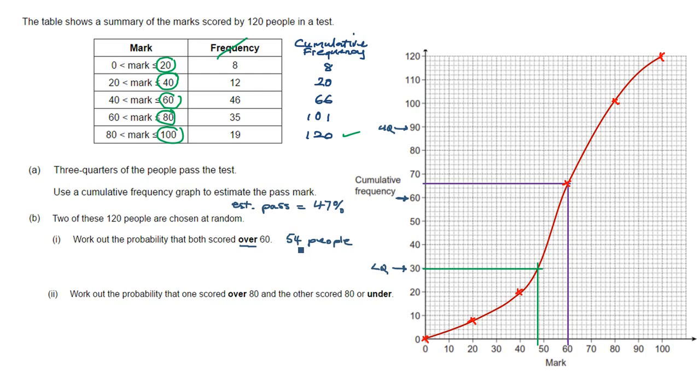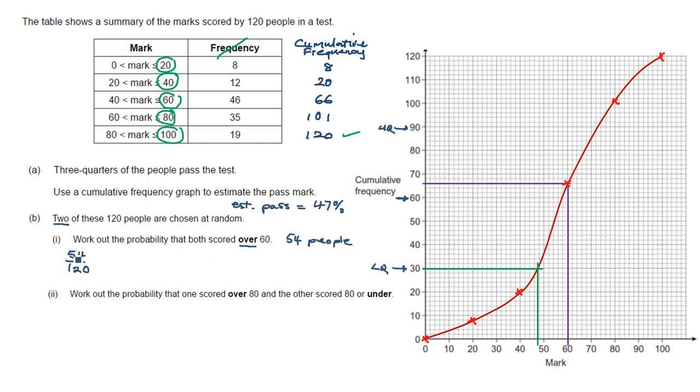We can work out the probability. Well, we've got to be careful here. We've got 2 people. So first of all, let's take one person. 54 out of 120 must be the probability that that first person scores over 60.